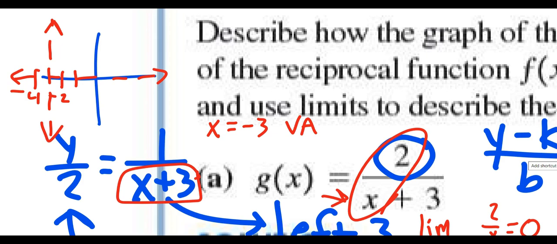So at -2, we're talking about something up here, because -2 gives +2, which brought me up above that horizontal asymptote. So what will -4 do? That gives me a -2. 2 over -1. So we're down here, which puts that branch doing this.